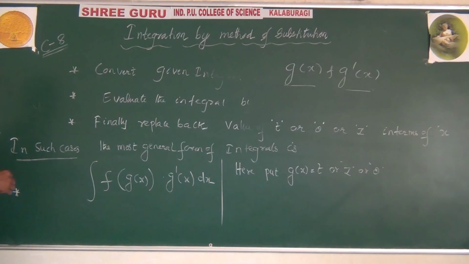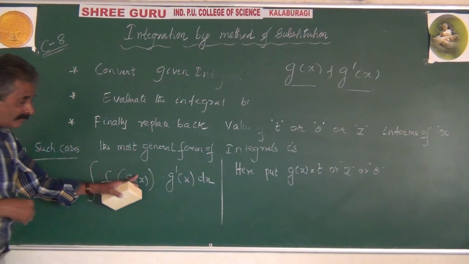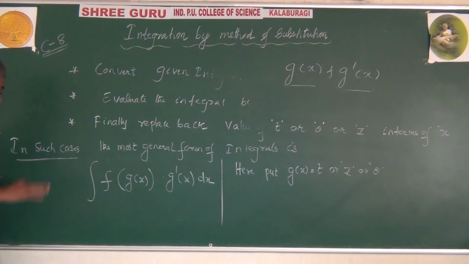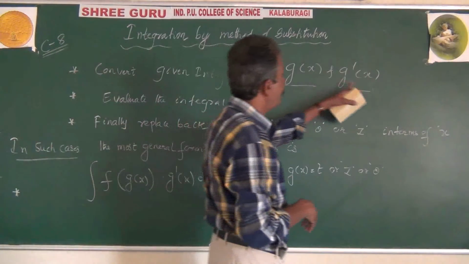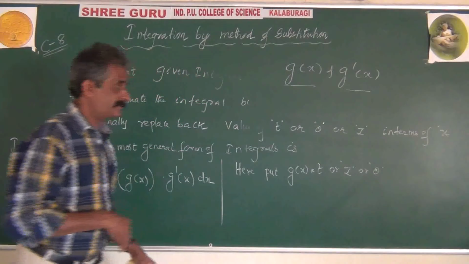So sometimes it is directly in the form of f of g of x, g dash of x, sometimes not in this form. In that case, take suitable steps, depending on the problem, and try to bring the presence of g of x and g dash of x.